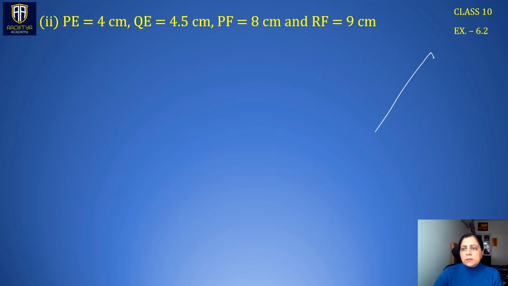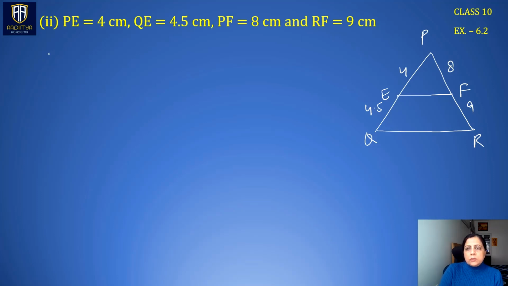In this, P, Q, R and E and F are points on PQ and PR. This is the same question with different values. So here PE is 4, QE is 4.5, PF is 8, RF is 9. Right?